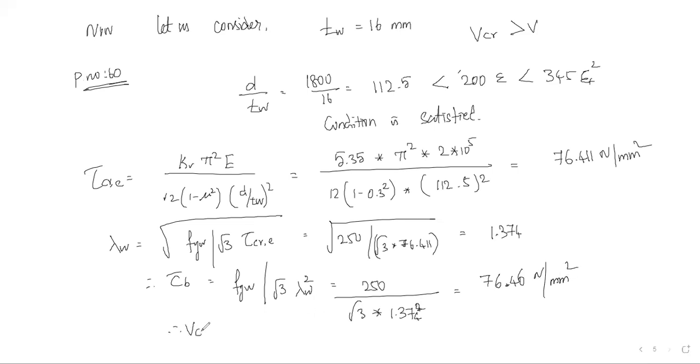Therefore, VCR is equal to 1800 into 16 mm, this area of the web, multiplied with the tau B stress value 76.46. Now the value of VCR is equal to 2202 kilonewton, which is greater than the shear developed due to the load, that is 1908 kilonewton.